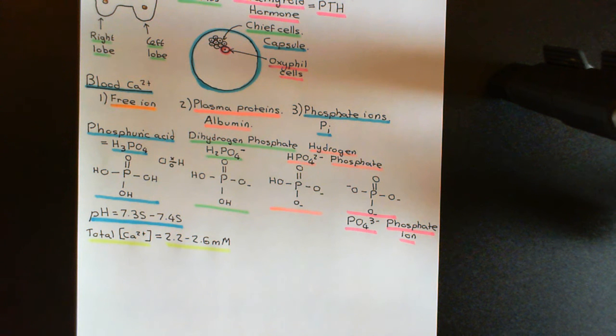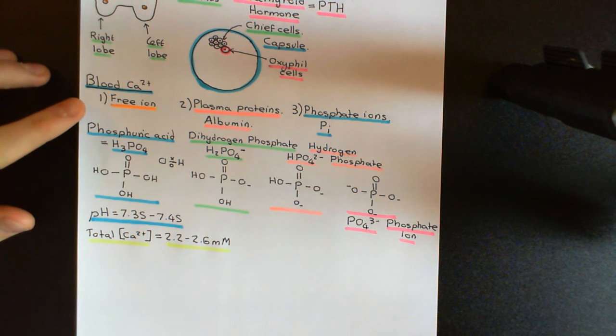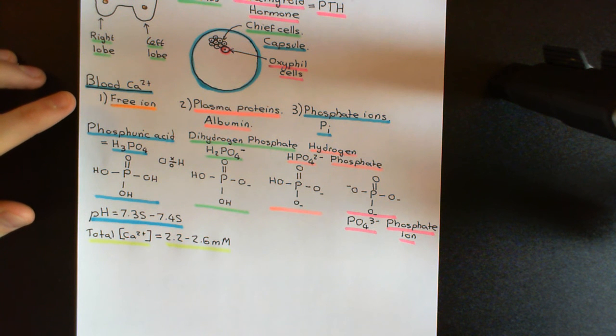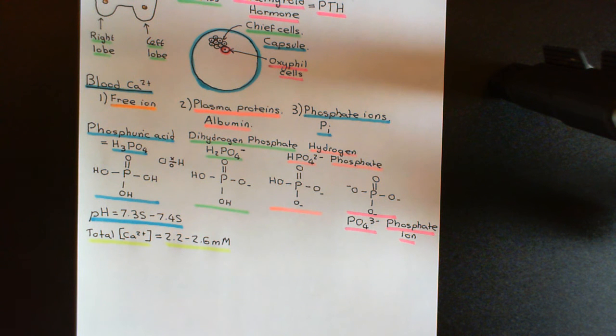They won't be measuring the total calcium concentration, they'll be measuring the free calcium concentration. And it's the free calcium concentration that is absolutely essential for you to keep normal, because remember, that's the one that's going to be affecting ion conductance across cell membranes, which is of course extremely important for determining cell behaviour all over the body.